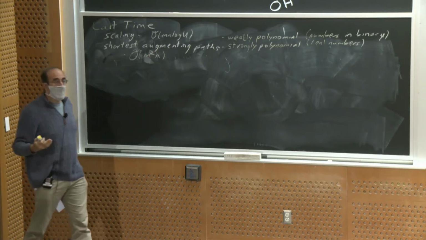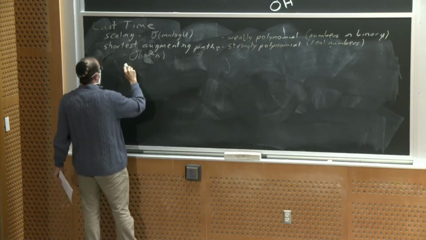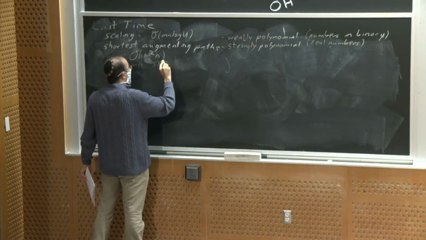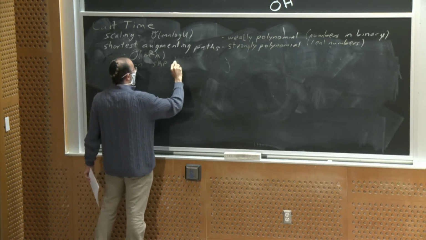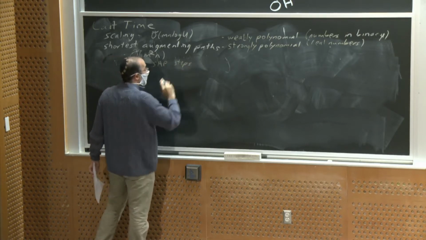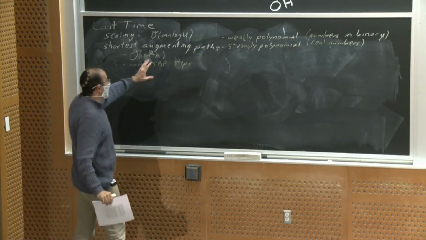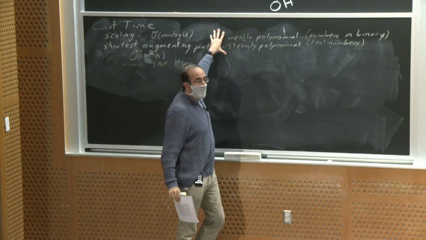A single augmenting path took linear time, and you had to perform about mn of those shortest augmenting path steps, right? And so both of these are polynomial time bounds.